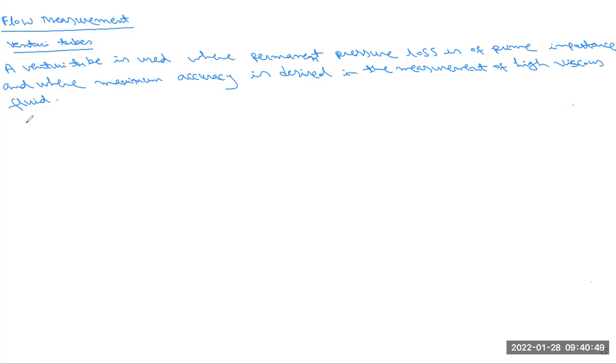So basically this venturi tube is made of cast iron or steel, or built in other different types of metals like monel also. In most cases we use cast iron and steel.